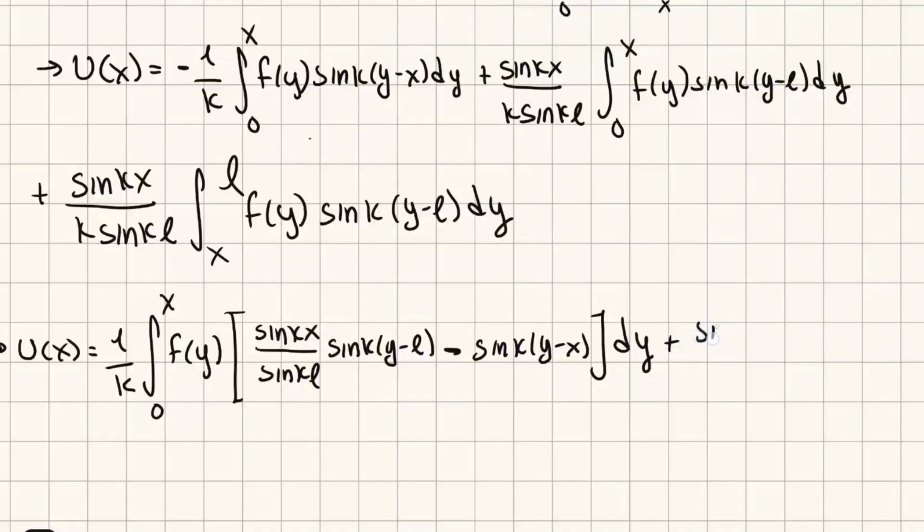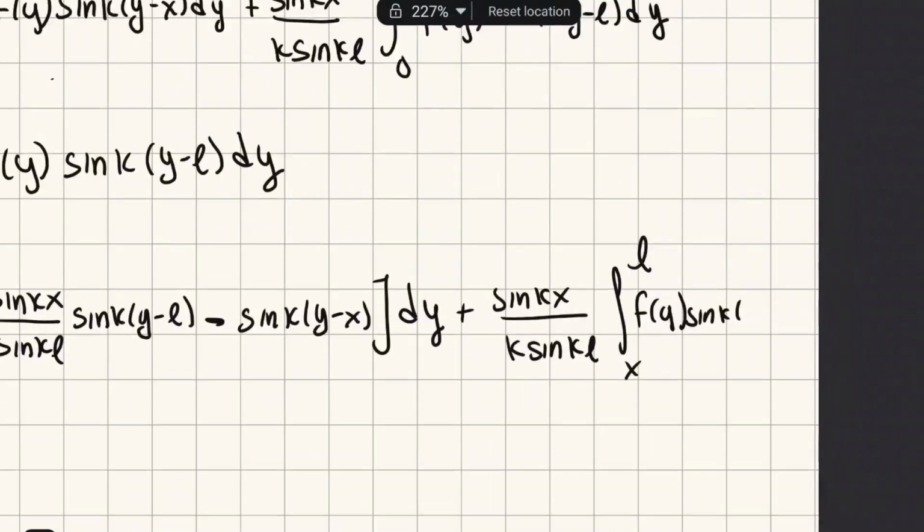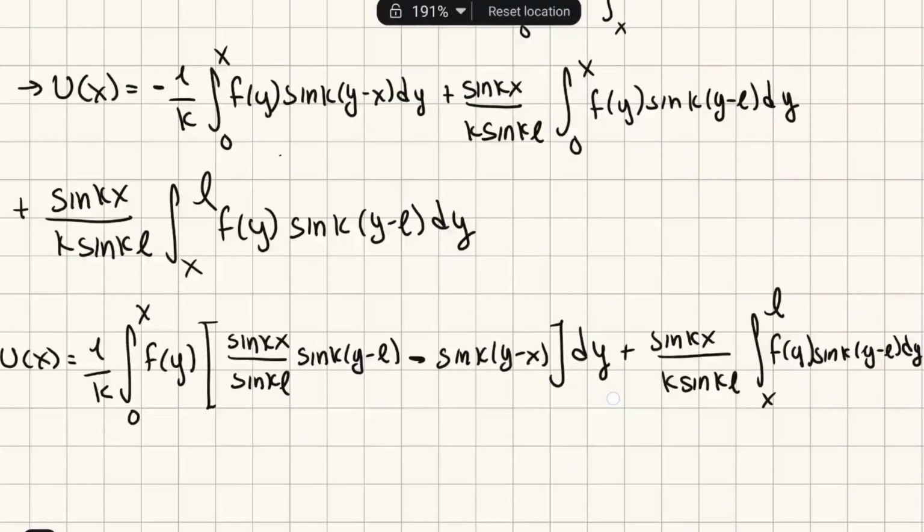And then plus sine kx divided by k sine kl, the integral from x to l of f of y sine k times y minus l dy. Okay, perfect.